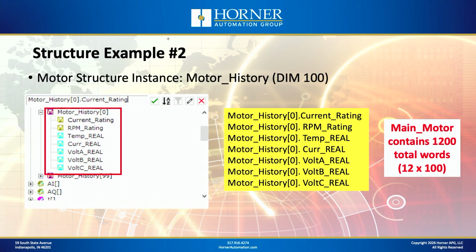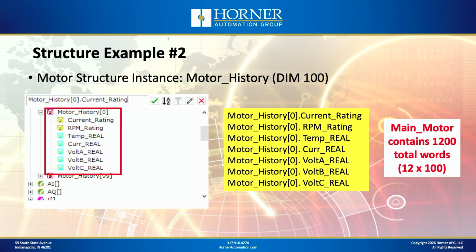Now let's take a look at another one of the variables I created that uses the motor structure, and that is the one that was an array of structures, and that is the motor history variable. So you can see there on the left, there's the motor history variable and all the sub variables beneath it. And on the right, you can see that the notation is just what we looked at with main motor, except this time we've also got an index for our array, because motor history is an array of structures, which means it doesn't take up 12 words total.